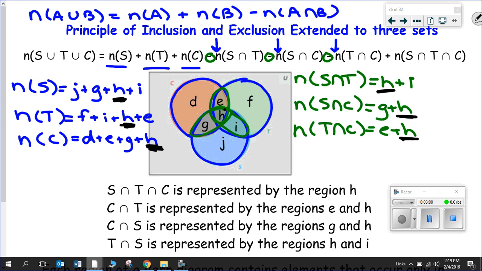We've now totally lost H, which is why in the formula, we have to add it back in. That intersection of S and T and C being the middle, in this case it's H, needs to get added back in. So it's a really complicated formula when you look at it, but when you look at its pieces, it's not as difficult. And so what I'm going to do with you is an example using that formula.